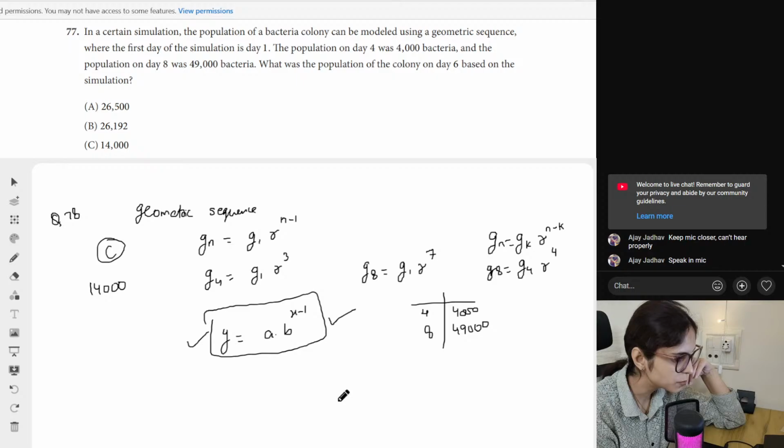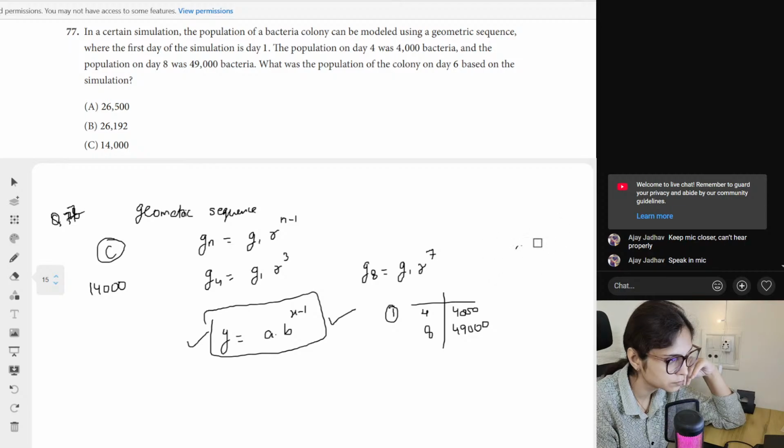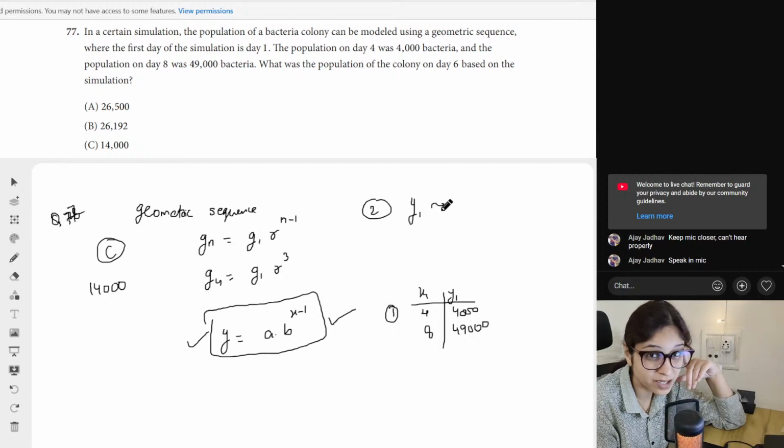And this is question number 77, not 78. So first thing you do this. And the second thing you do is, this will be x1, y1. In regression, you cannot type y and x. That's a little problem, so you have to type y1.